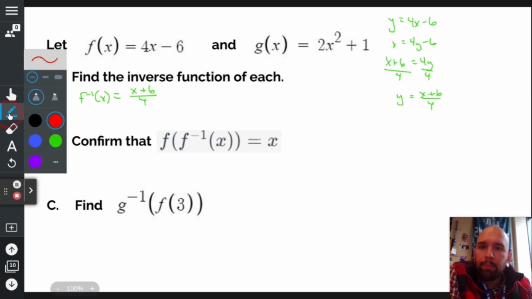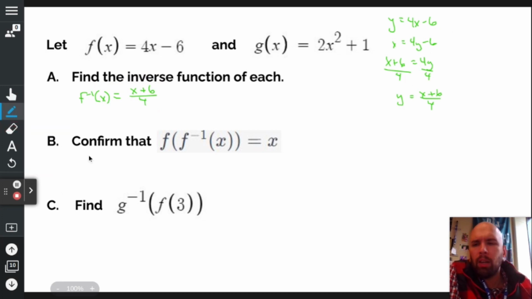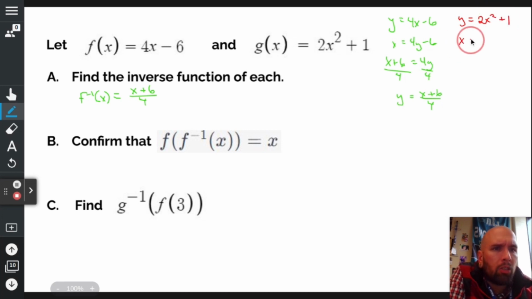The next guy, not as pleasant, but we saw one very similar to the very beginning. In fact, it looks like it's the same thing. I can't imagine me doing that, but maybe I did. We've got y equals 2x squared plus 1. Swap the x and the y. So x equals 2y squared plus 1.